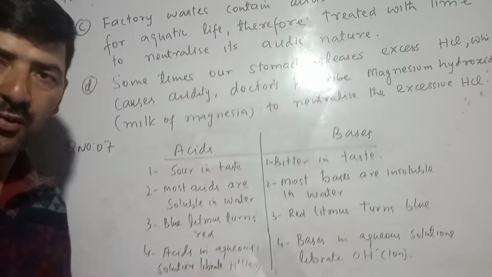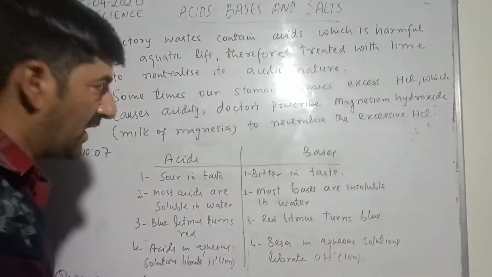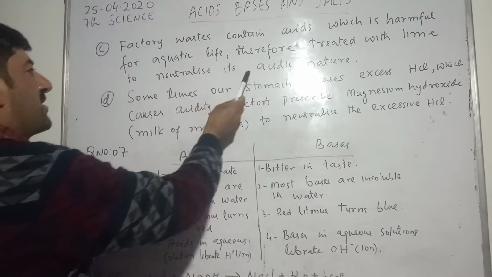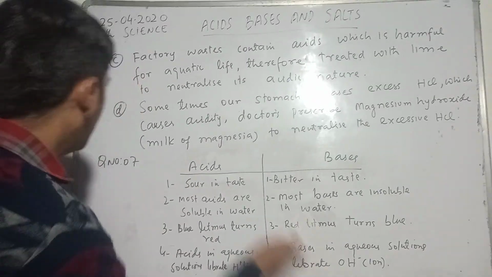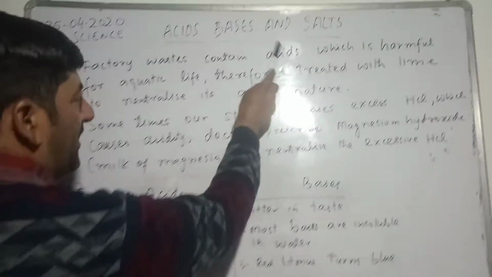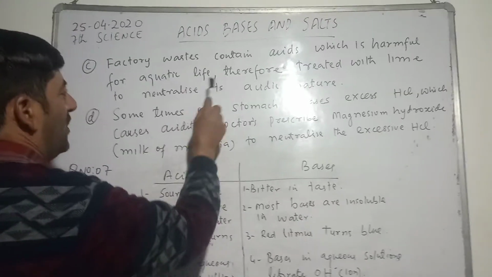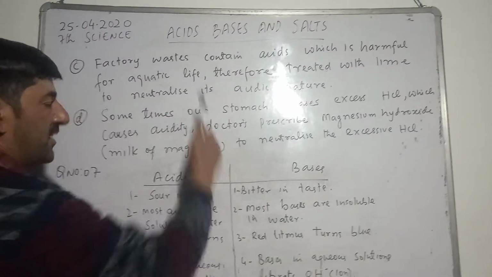Therefore, before releasing them in water bodies like a river, they are treated with lime to neutralize their acidic nature. Okay, I will repeat. Factory wastes contain acids which are harmful for aquatic life. Therefore, treat them with lime to neutralize their acidic nature.